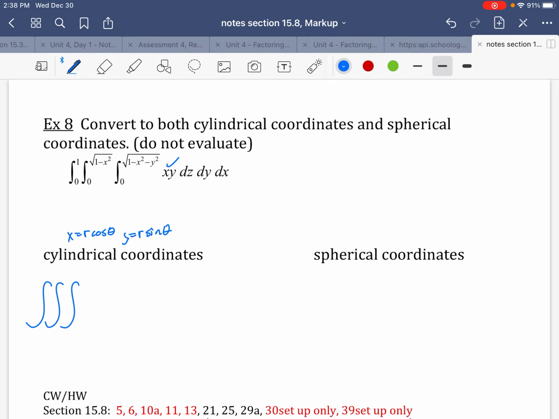So I'm going to have r times r times r, so r to the third, cosine theta, sine theta, and then dz, dr, d theta. We'll do the boundaries in a second.